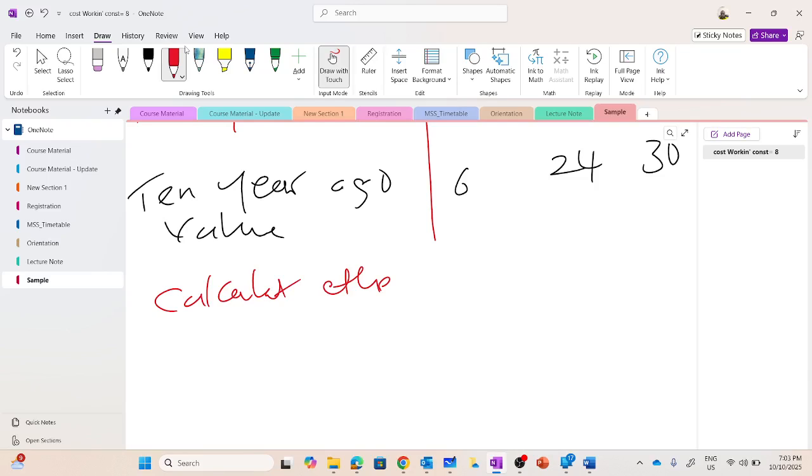So 24 divided by 40 years, so 0.6 is the depreciation. And so we are going to calculate the carrying value. We are going to deduct depreciation. The land is not going to depreciate. So 0.6, sorry, that's for the building.